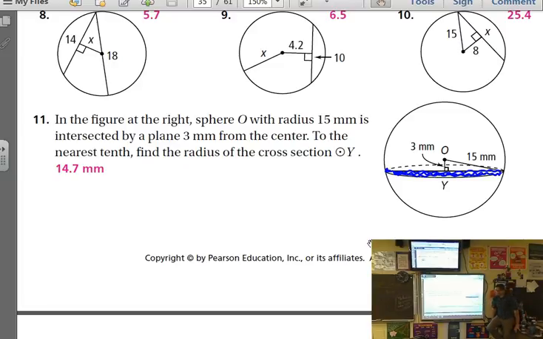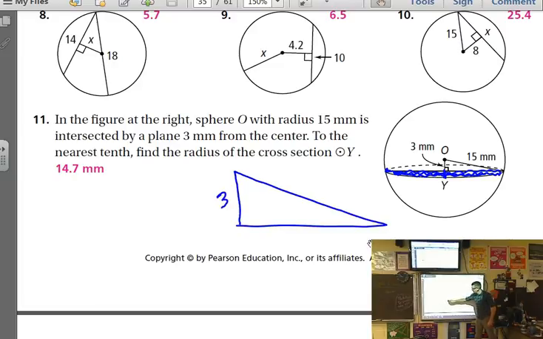So we want, to the nearest tenth, the radius of the cross section, which would be the radius of that little disc, or the long leg of this triangle that's set up. So we just end up looking at the triangle. And we're just solving for that.